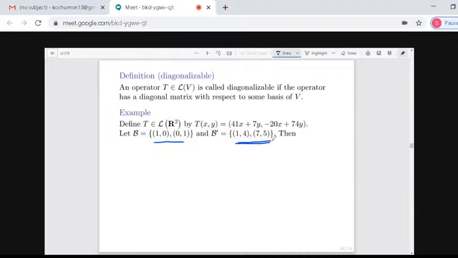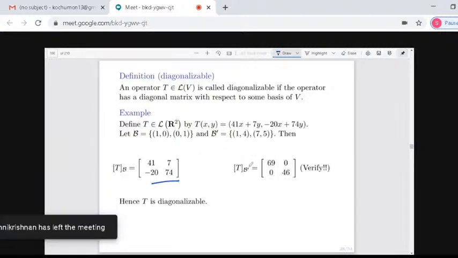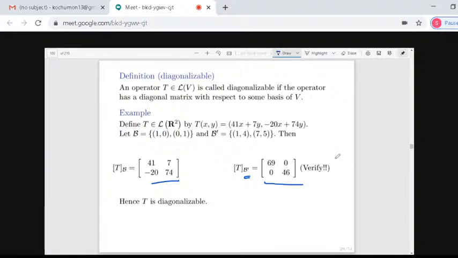In the first basis, the matrix of T will be like this. But if I write the matrix of T with respect to the second basis, that is B prime, you get a diagonal matrix. You can use your tricks and show that this is true. So then T is diagonalizable.